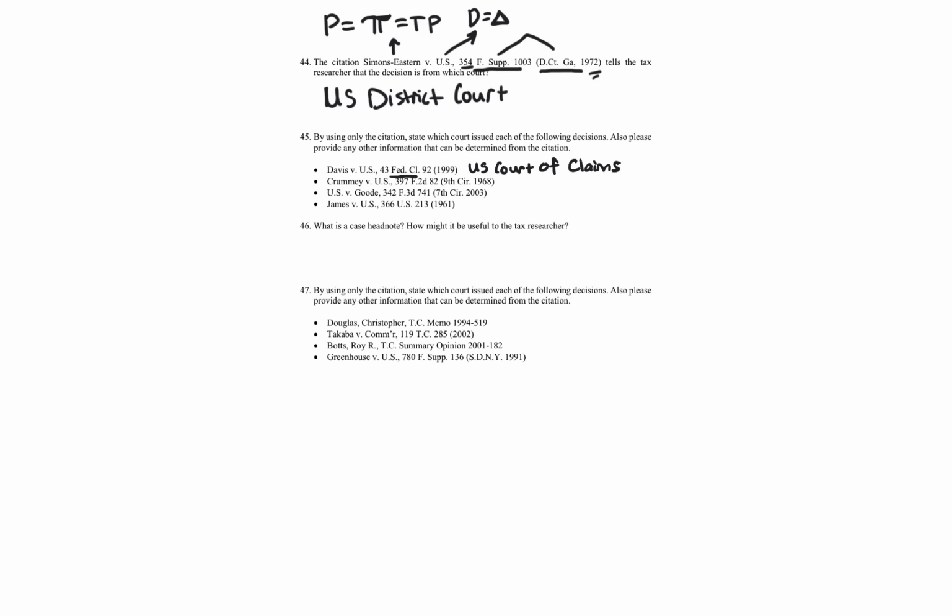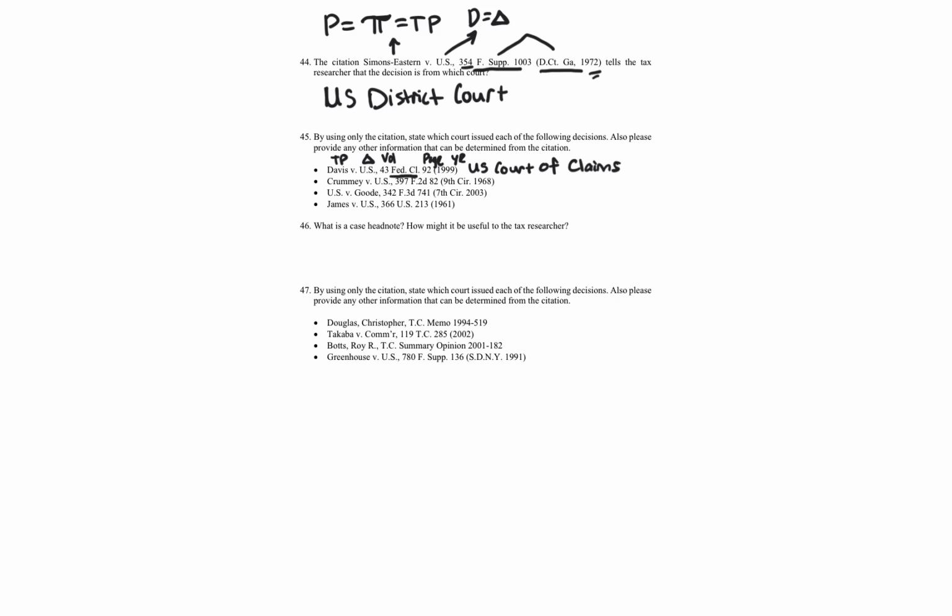That's how we know that. Let's take a look at these parties. We know that Davis is the taxpayer. We know that the U.S., of course, is the government, the defendant. We know the volume of the federal claims reporter. We know the page number it starts. And we know the year. So we know all those things just from that citation.